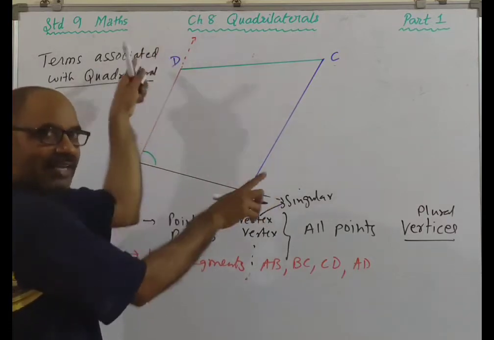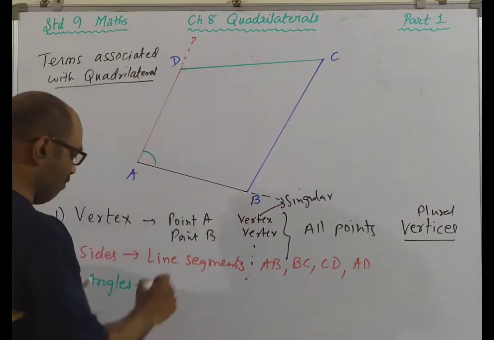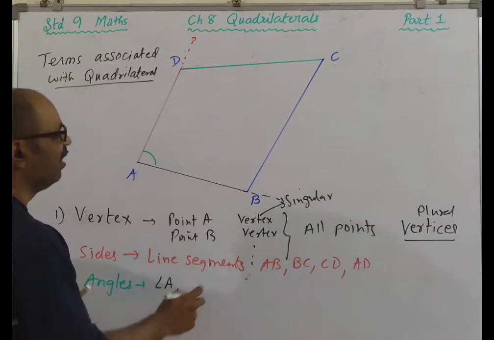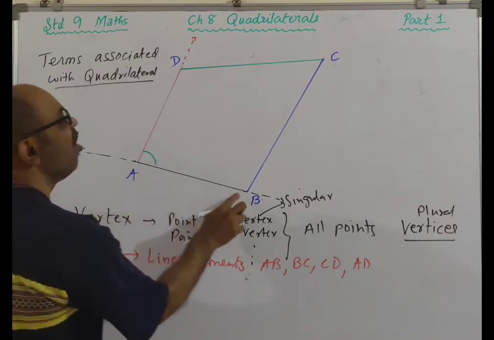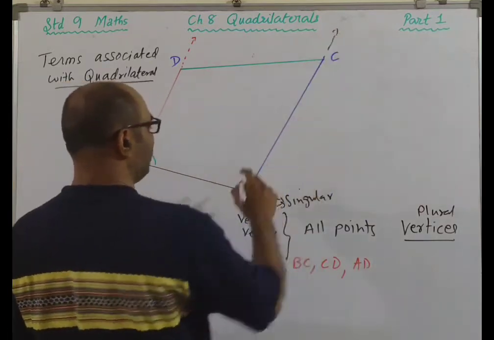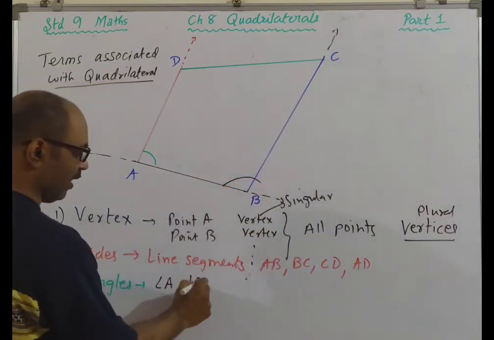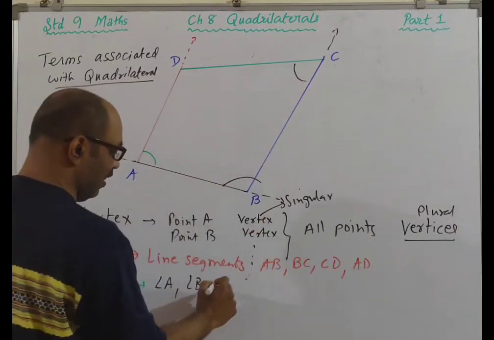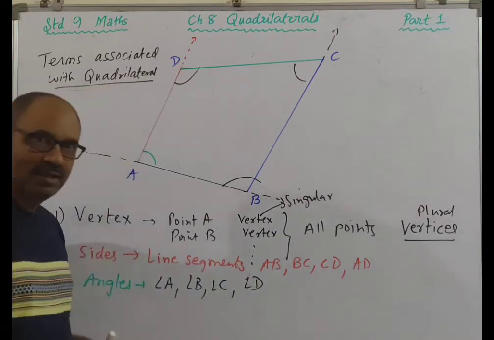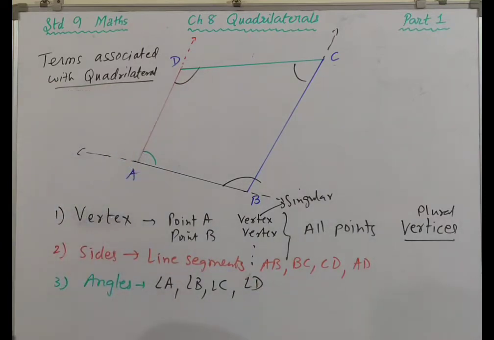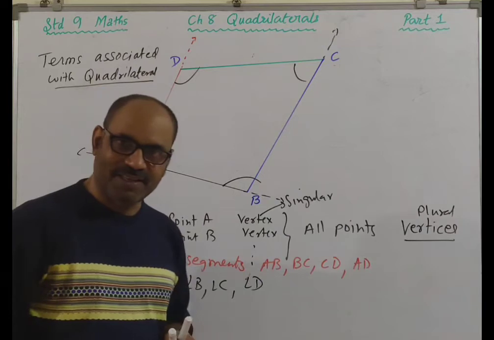Though they are not drawn, you can imagine. So angle DAB, in short we write angle A. Similarly, this black ray BA and blue ray BC form an angle. So angle B, then you will have angle C and angle D. These are the four angles of quadrilateral ABCD.